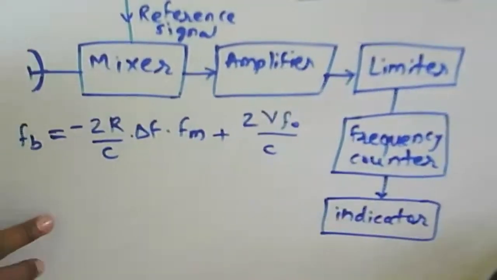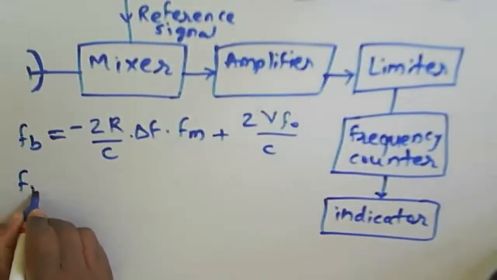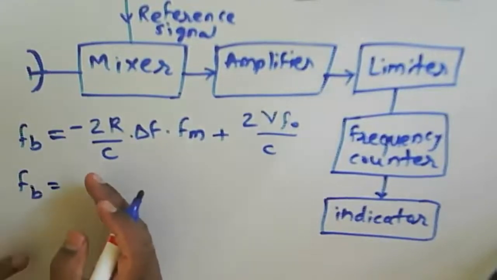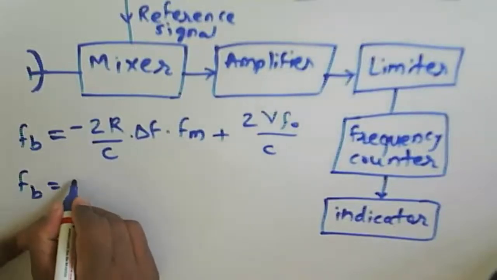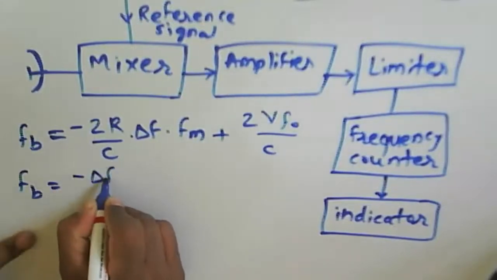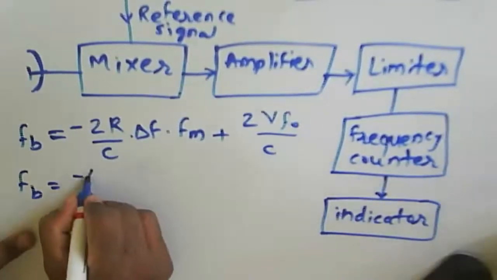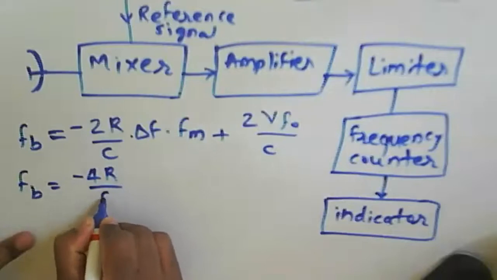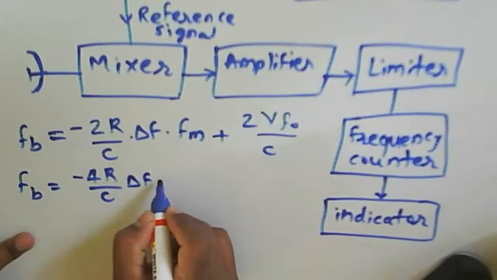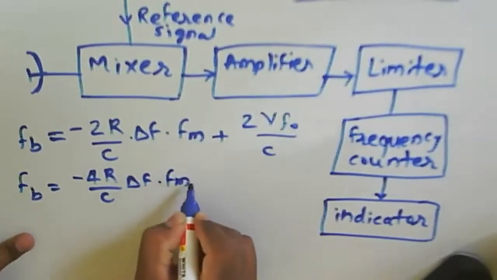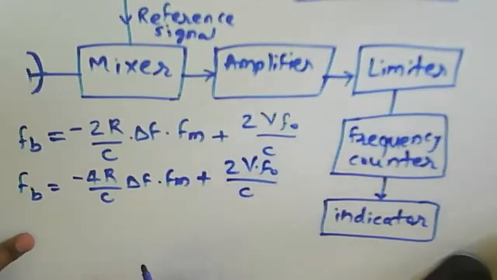So for the triangular case we can define here the FB for the upsweep, and FB for the downsweep. So we can consider minus delta F. Instead of 2R we can define here 4R by C. It is 4R, then delta F into Fm, then the velocity of the object, and C here.